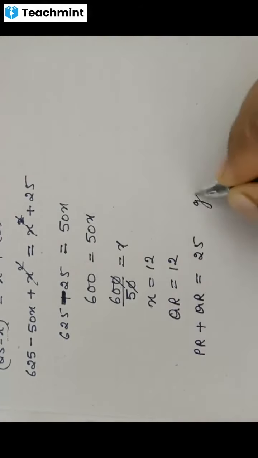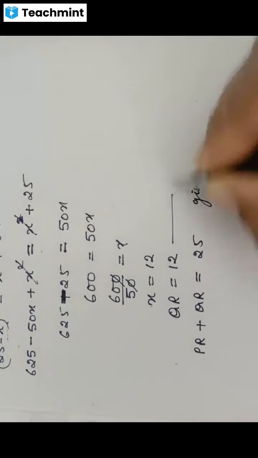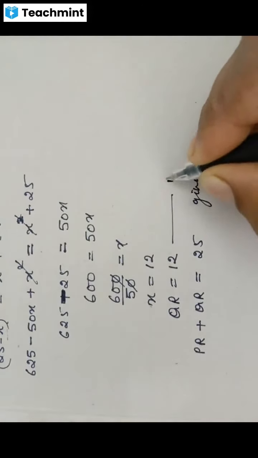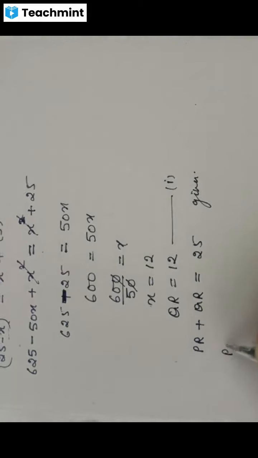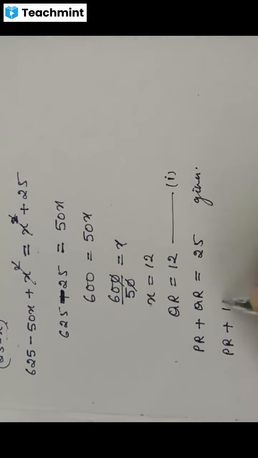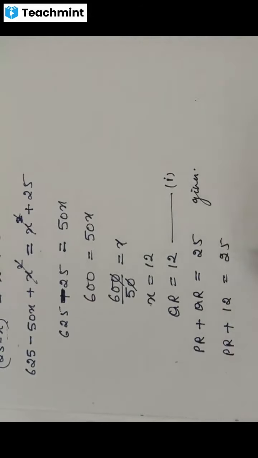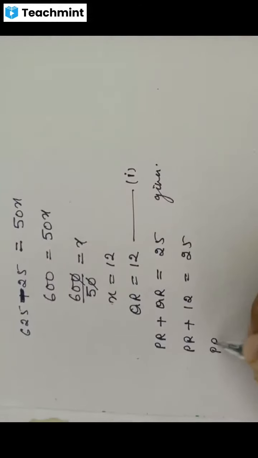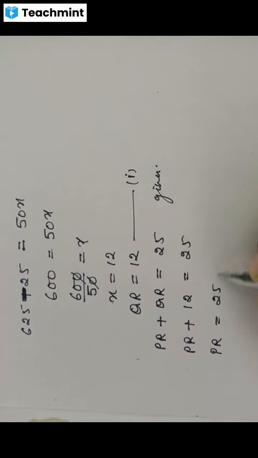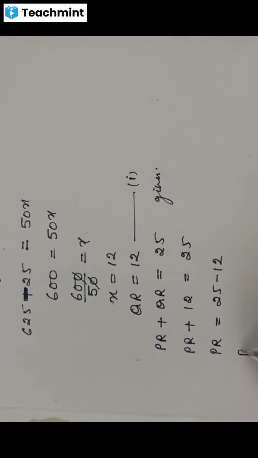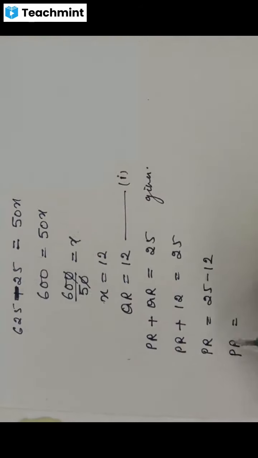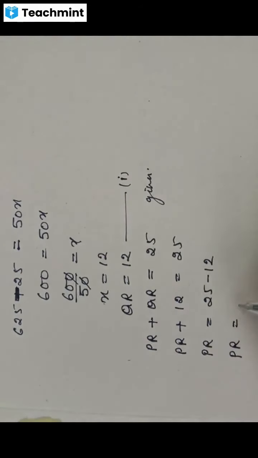It was given. Now we will take this statement first. So PR plus 12 is equal to 25. Now PR is equal to 25 minus 12. So PR is equal to 13.